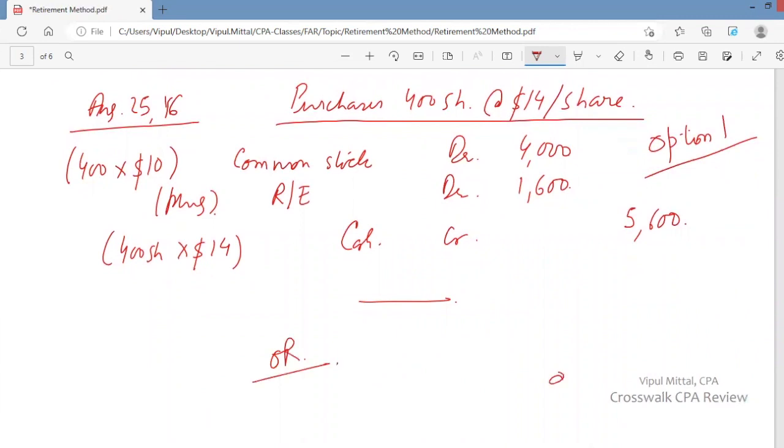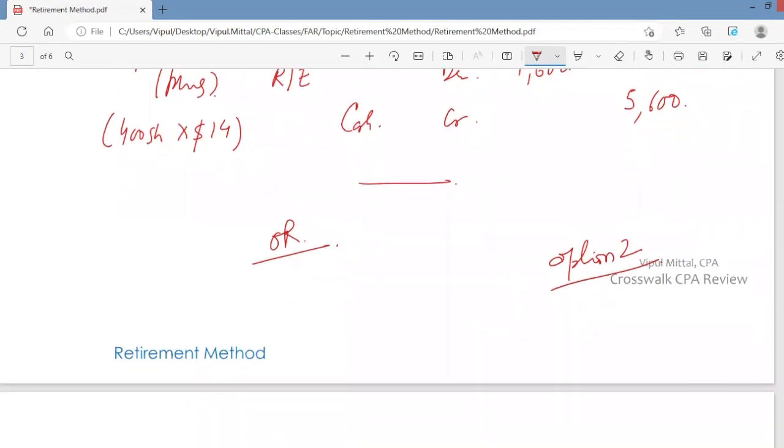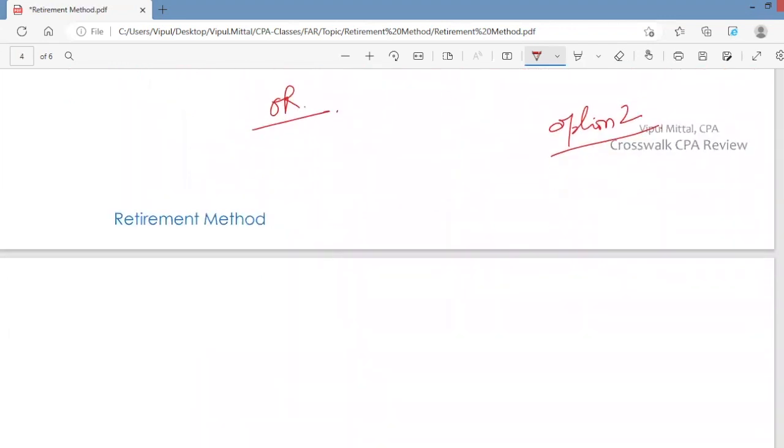So let's talk about option two, where you allocate $1,600 to additional paid in capital and retained earnings. So what journal entry will you do? Common stock debit, $4,000. And you credit cash, $5,600.